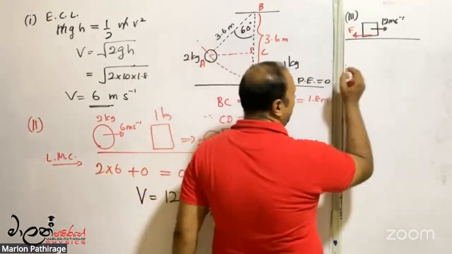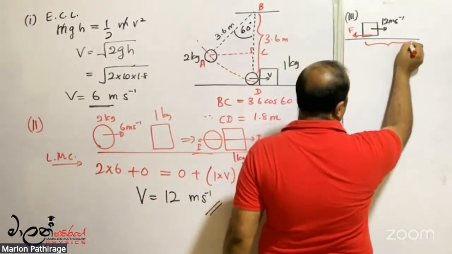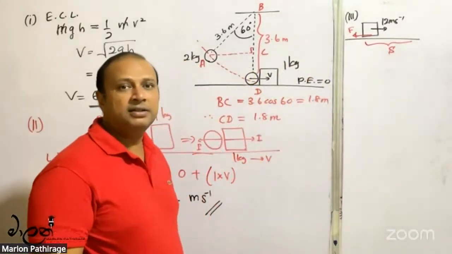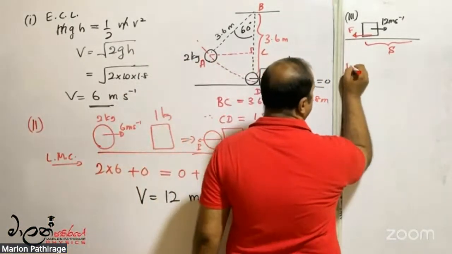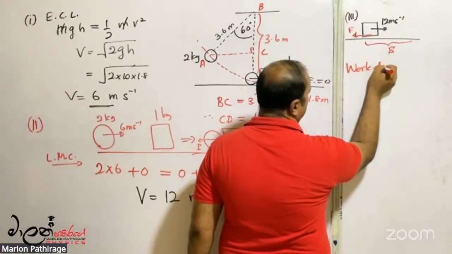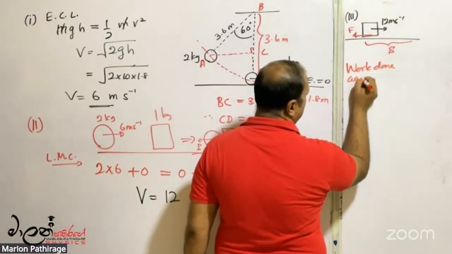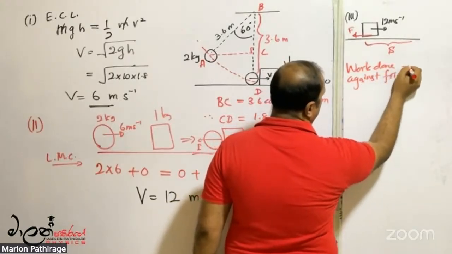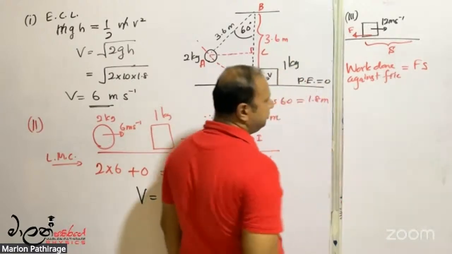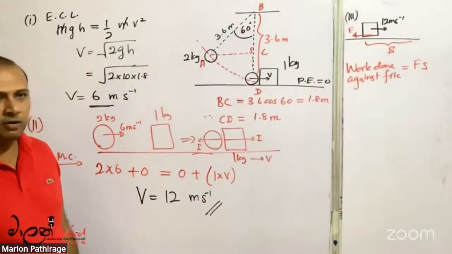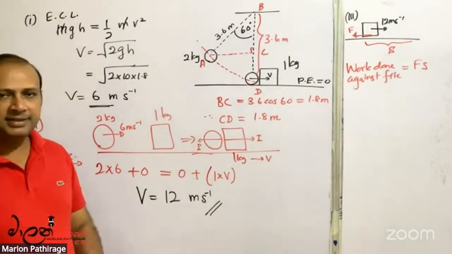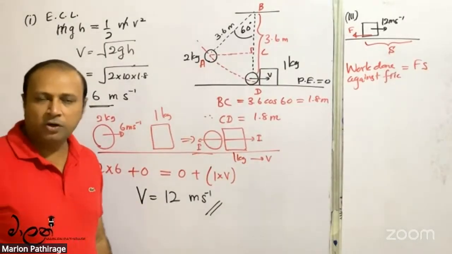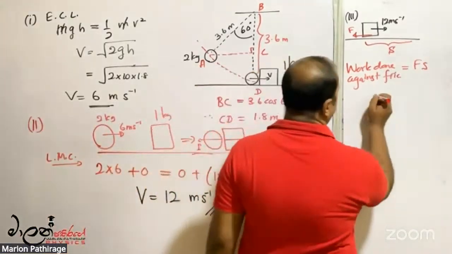If this object moves a distance s, the work done against friction is equal to Fs. Kinetic energy is equal to half mv squared. Therefore, this work done should be equal to the initial kinetic energy.